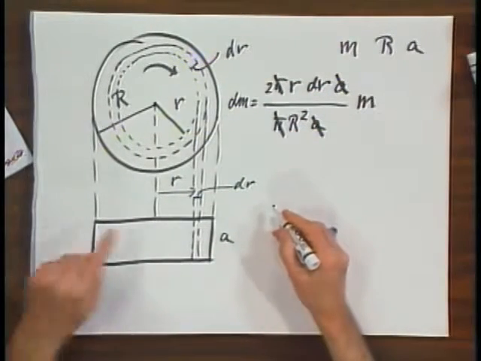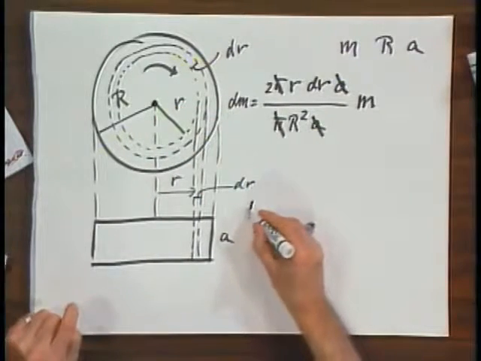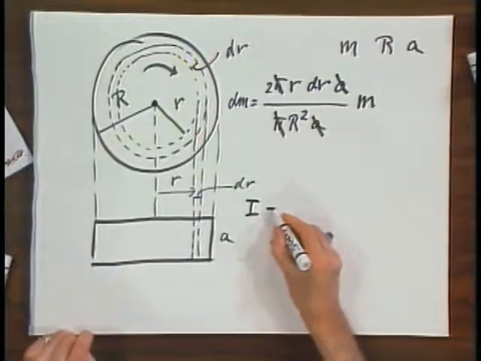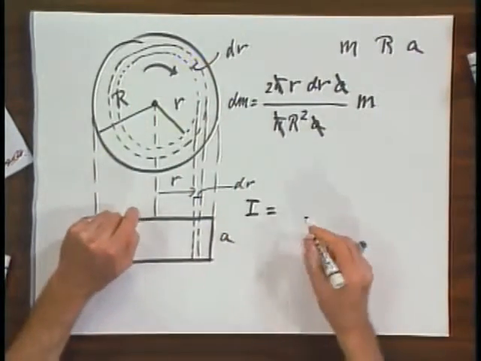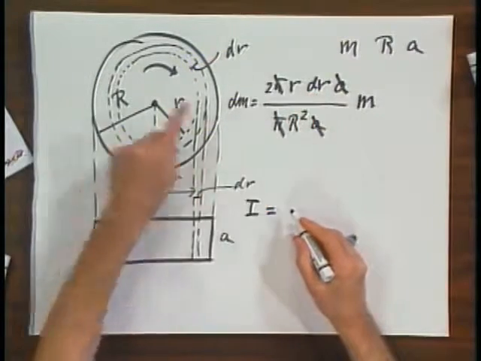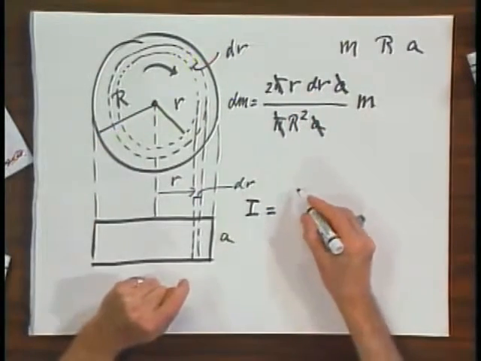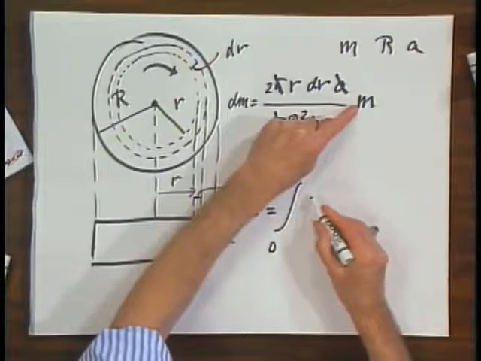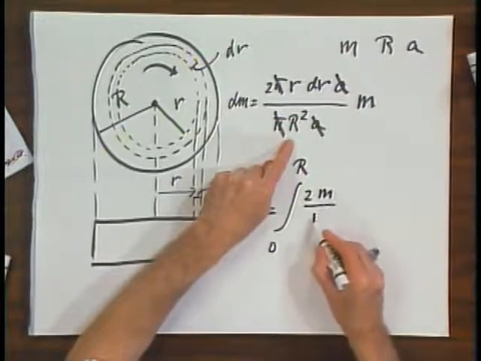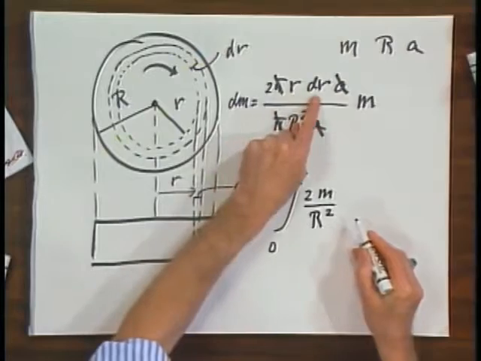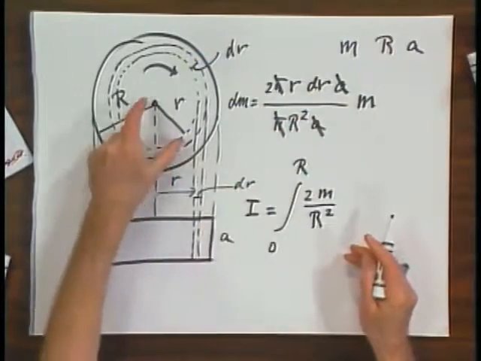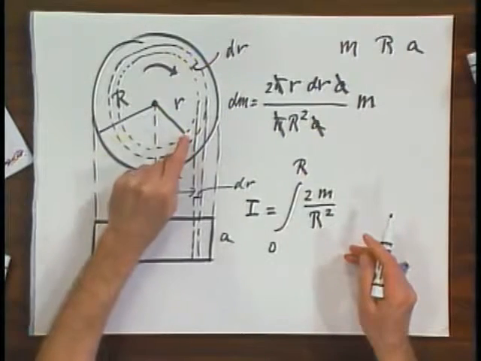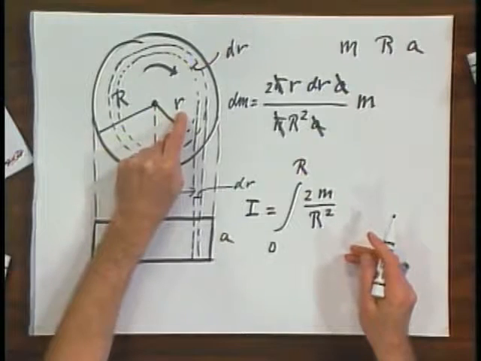And so now when I want to calculate the moment of inertia about this axis of rotation, right through the center, perpendicular to the paper, I have to do an integral over r from 0 to capital R. And I get 2m divided by R squared, r dr, but I also have an r squared, because I remember with moments of inertia, you have to multiply by the distance from the mass element to the axis of rotation, which is r squared.